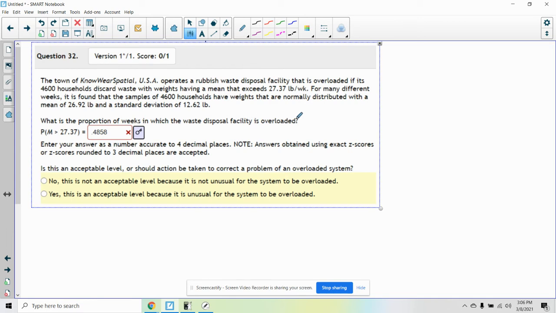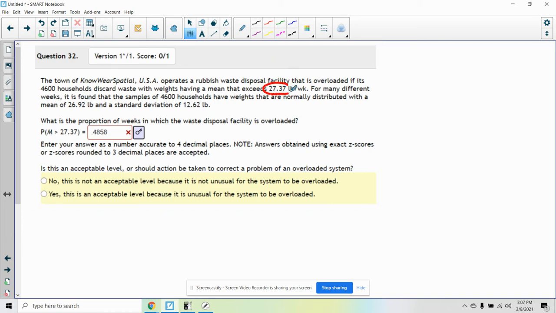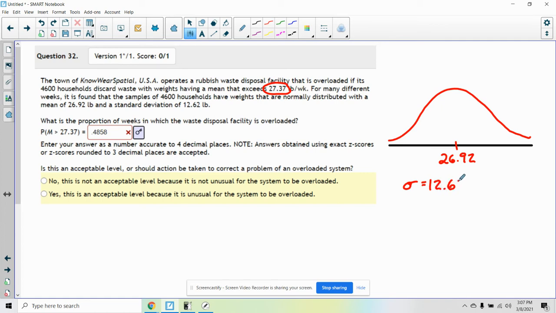So it's overloaded when the mean exceeds that. Okay, so let's draw out our curve. We're talking about a mean now, the average of these households. The mean is 26.92 and sigma is 12.62.